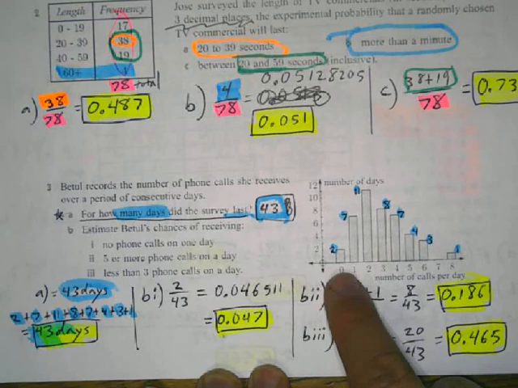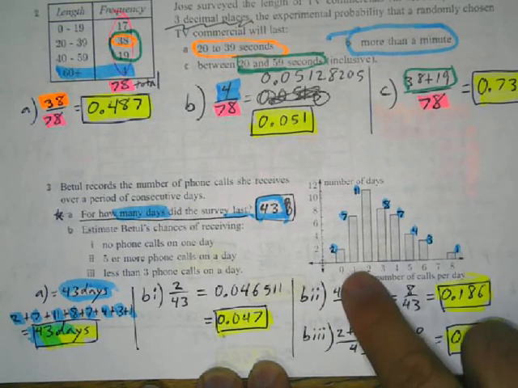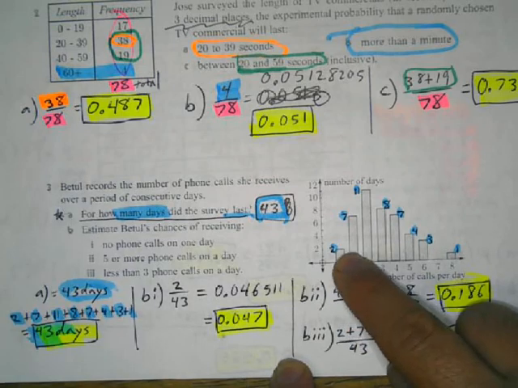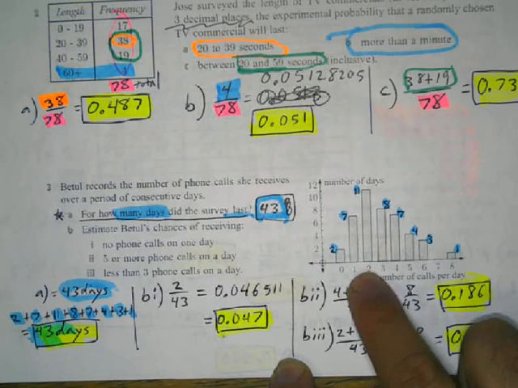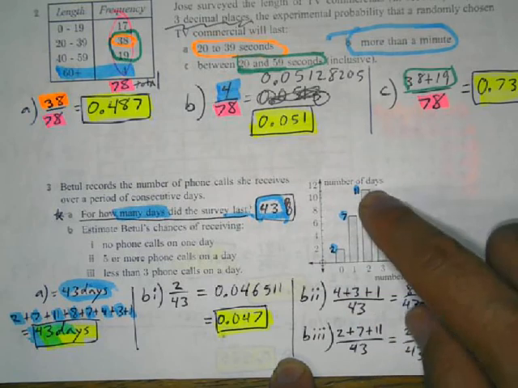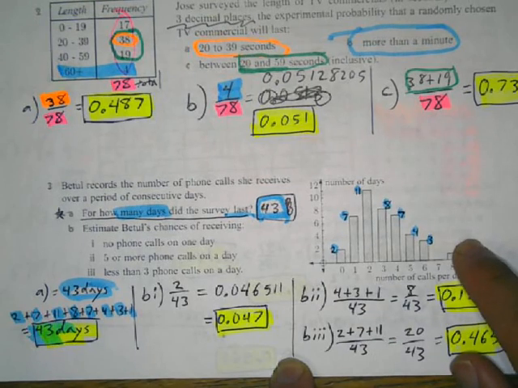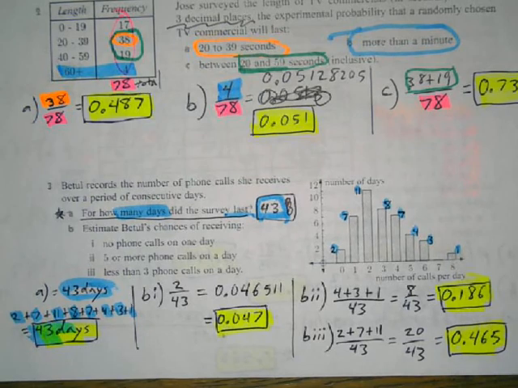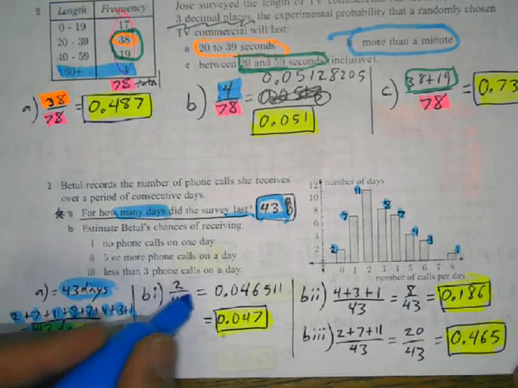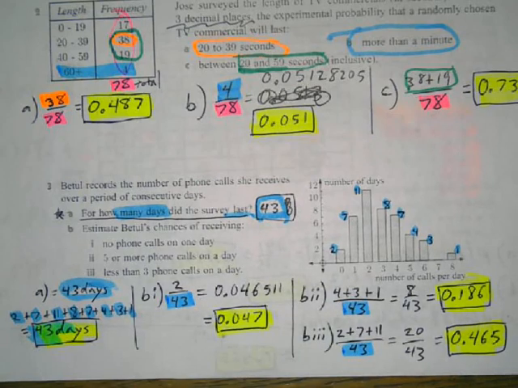So when you look at this table, you can see that Bertul received 0 phone calls 2 days, and 1 phone call for 7 days, 2 phone calls 11 days. And so if I add all of these columns together, we end up that we've got 43 days. Okay, and so that's going to be my denominator for this experimental probability.